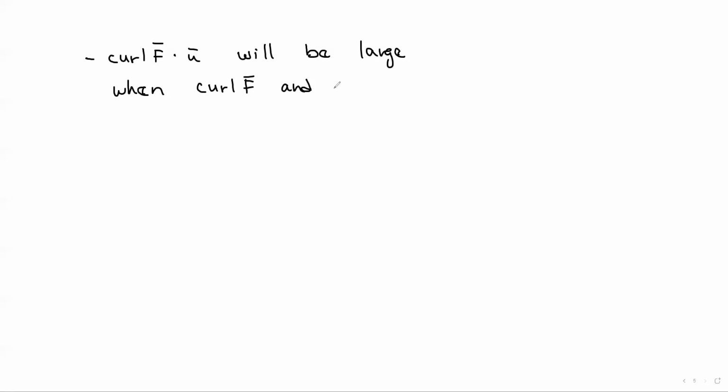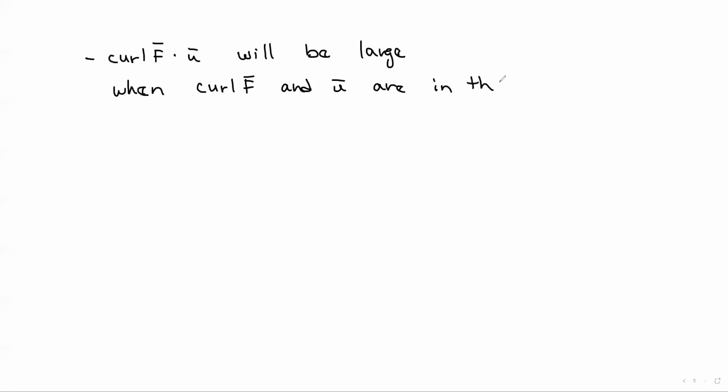Okay, next fact, right? If you go through and calculate the dot product between two things, the dot product is large when those two things are in the same direction. So if we calculate the dot product between curl of f and some vector u, that's going to be large when curl of f and u are in the same direction.